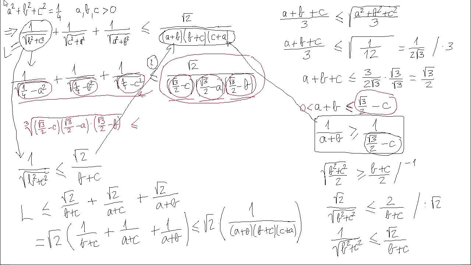So if we denote this as x, this as y and this as z, we want to show that 1 over x plus 1 over y plus 1 over z is less than or equal, this should be proved, to 1 over xyz.